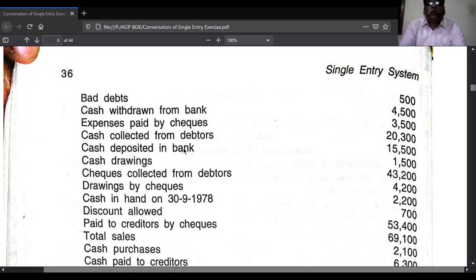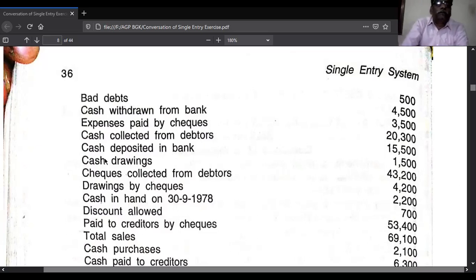Cash deposited in bank is a contra entry. Cash payment is made by cashier and deposited in bank means receipt to the bank. Therefore, bank account debit side to cash and cash account credit side by bank.